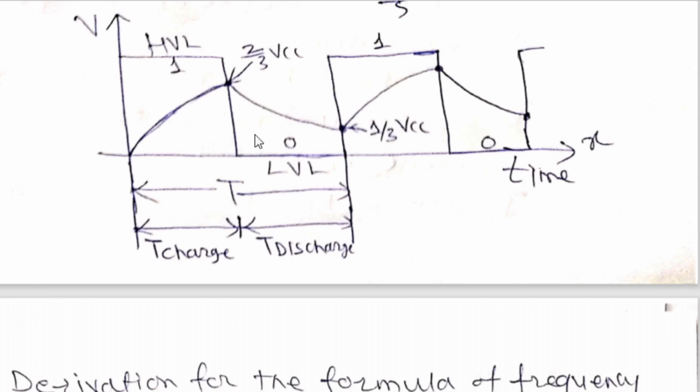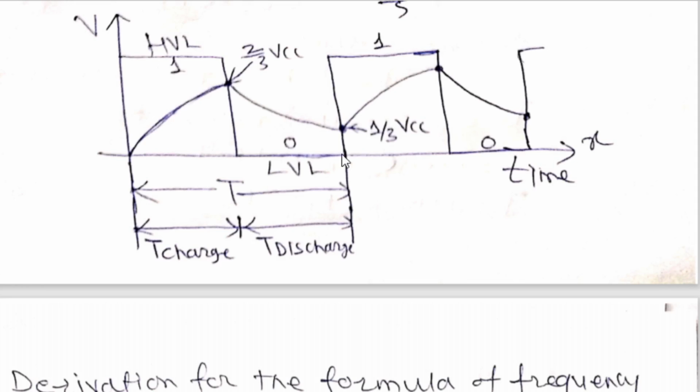And how long logic 1 remains there, that we have already studied in the previous lecture: till the capacitor gets charged from 0 volt to 2/3 of VCC, at the output logic 1 will continue to remain there.